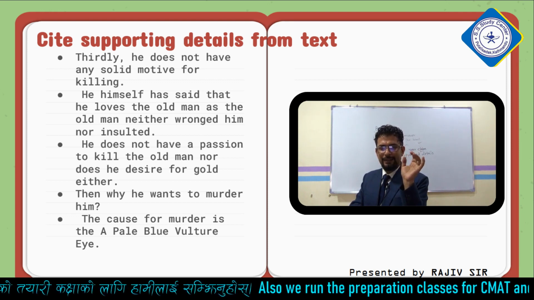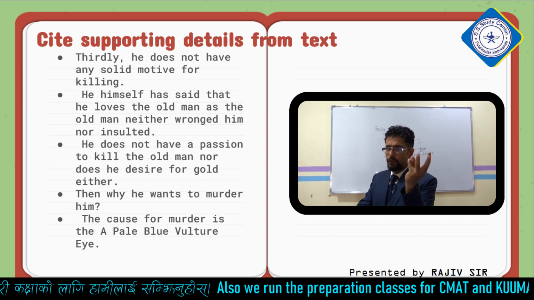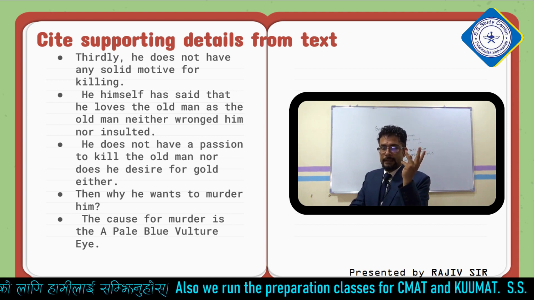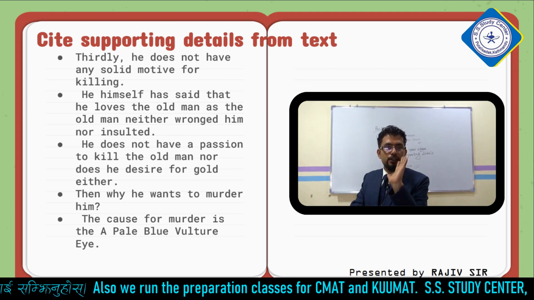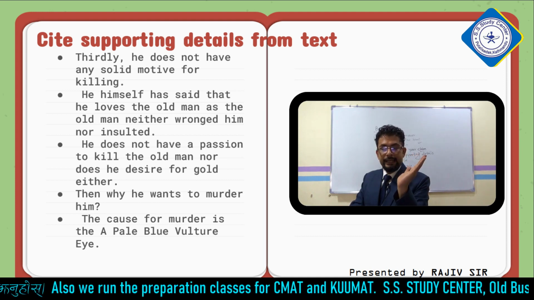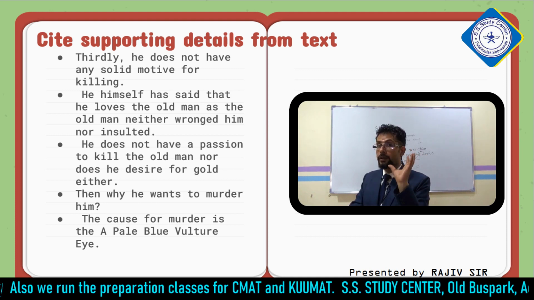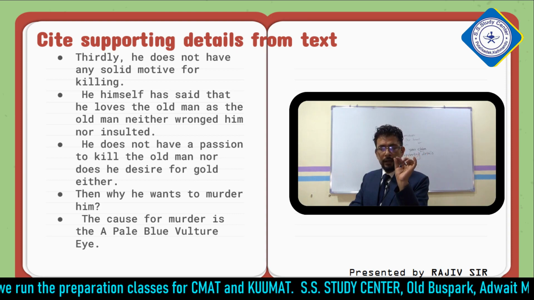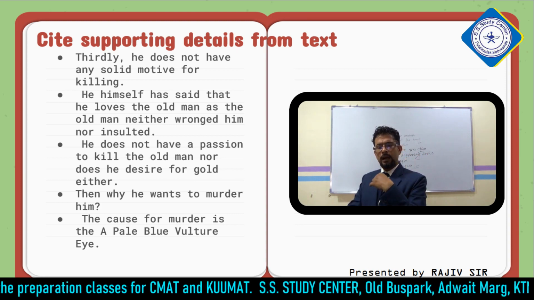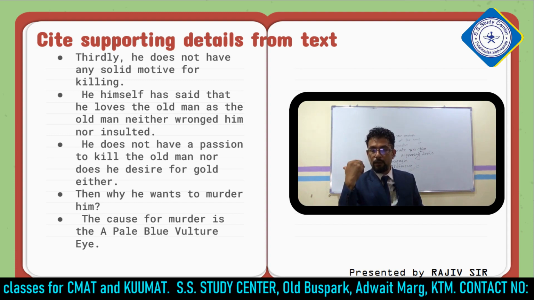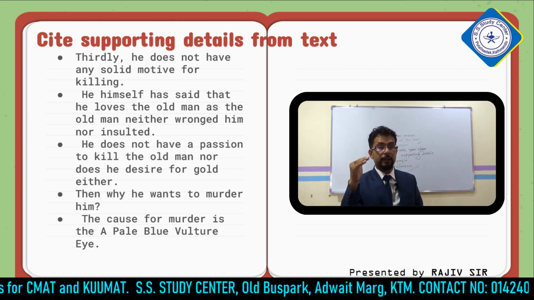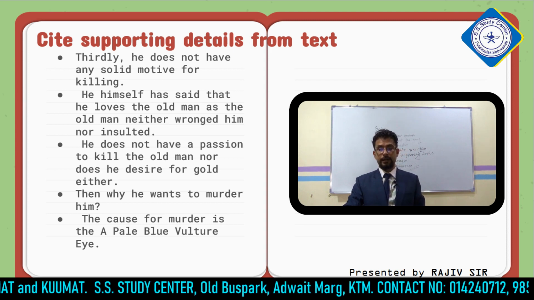So how are you going to write? Okay, look. Firstly, we have said claim. Secondly, we have said that. Now thirdly, he does not have any solid motive for killing that man. He himself has said that he loves that old man, as the old man neither wronged him nor insulted him.